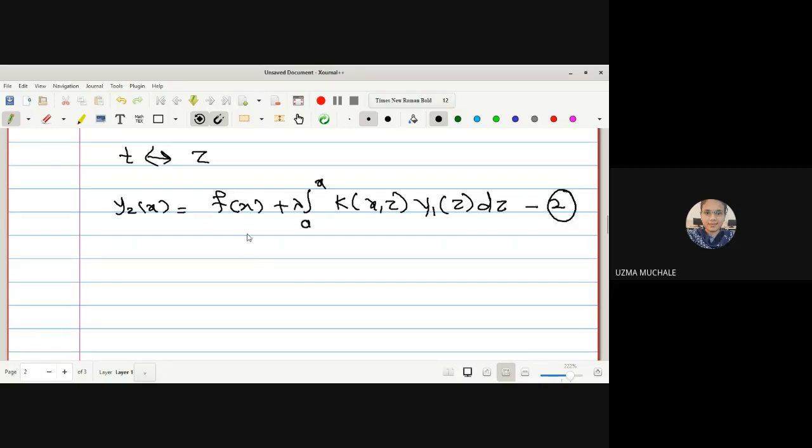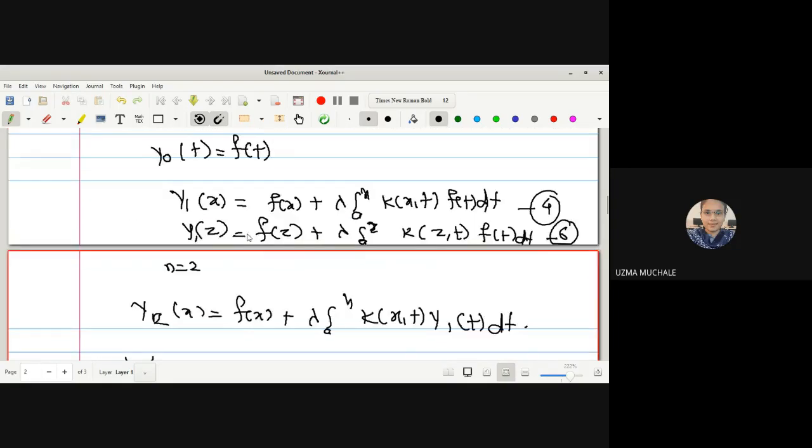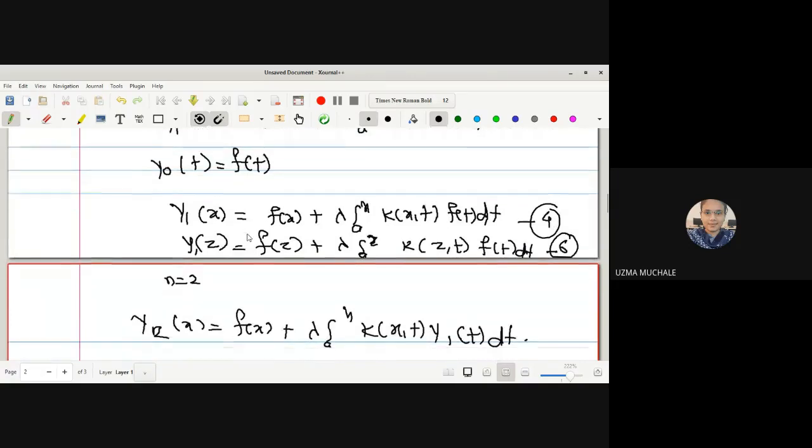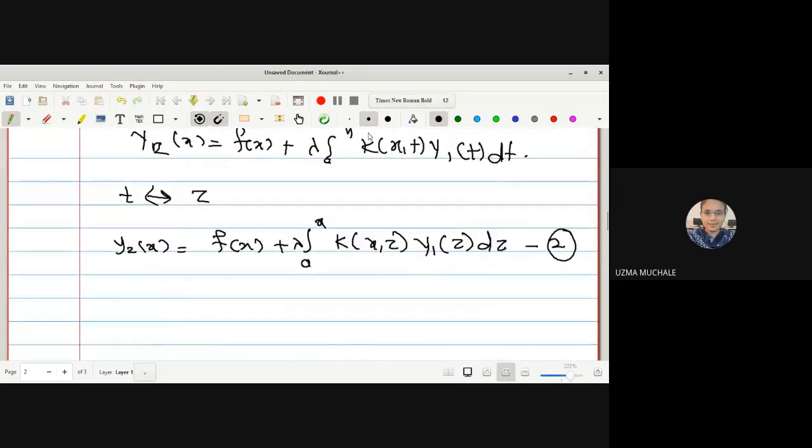Now, putting equation 6 in 5, what is our equation 6? y1 of z is equal to this much. So here we have to substitute the value of y1 of z.